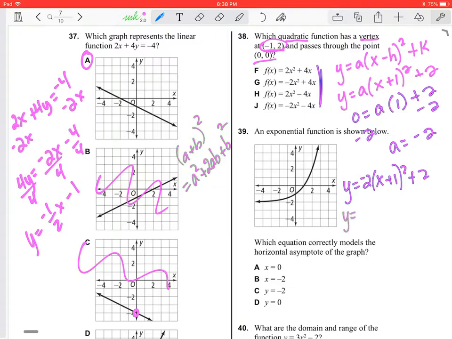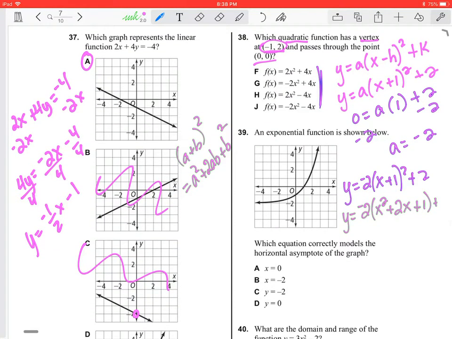So now I'm going to do y is equal to negative 2 times, we have an a squared, which is going to be x squared, plus 2 times the value of x times the value of 1, which is 1. So that's just going to give me 2x, plus 1 squared, which is 1, plus 2.